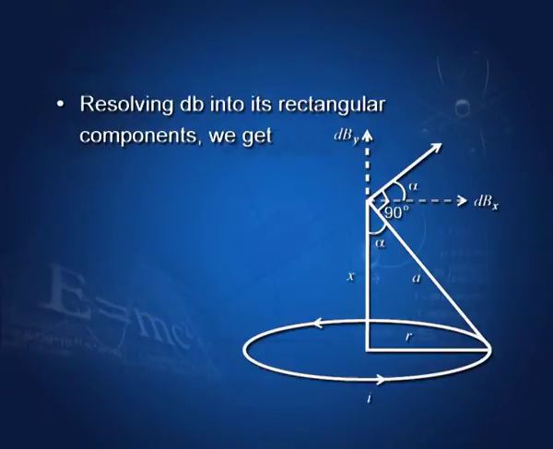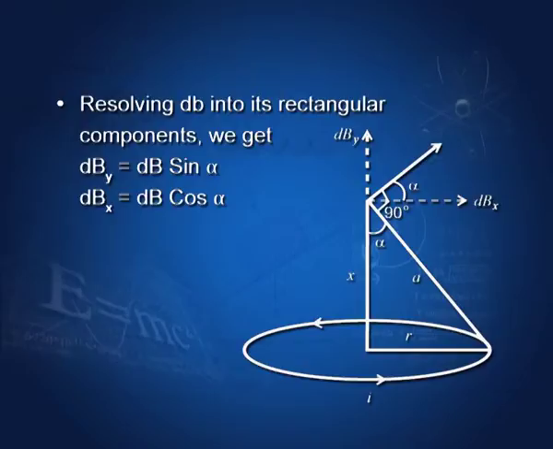Resolving dB into its rectangular components, we get dBy equals dB sin alpha and dBx equals dB cos alpha. For the whole ring, if we have to calculate the magnetic field along the x axis, then we have to sum up the dBx.